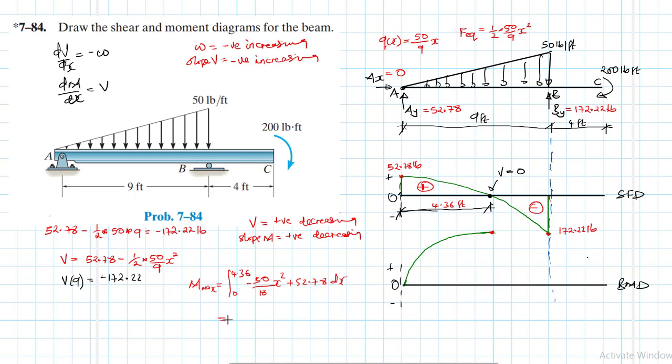If we did the integration there, this becomes 50x cubed divided by 3 by 18, which is 54, right? 3 by 18, yes.